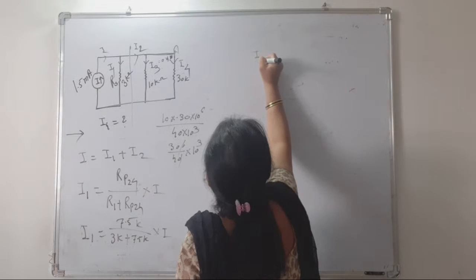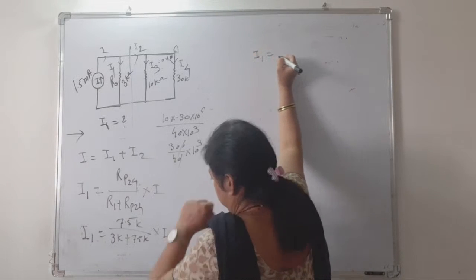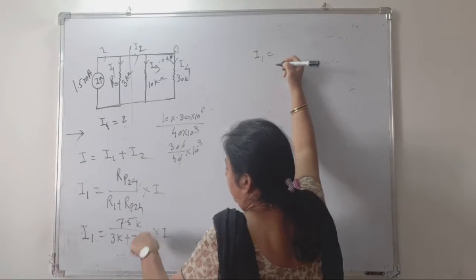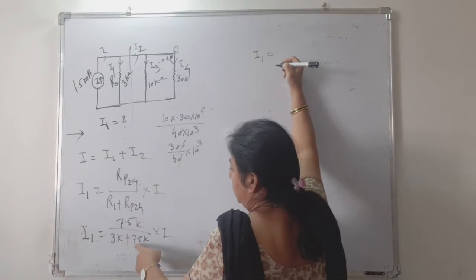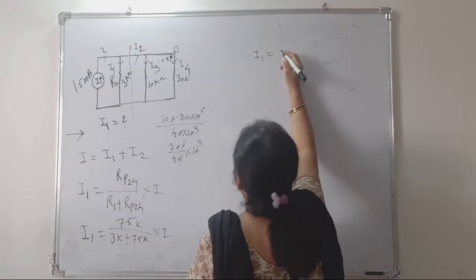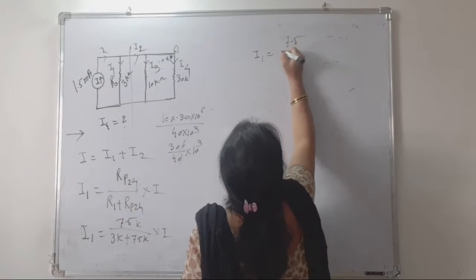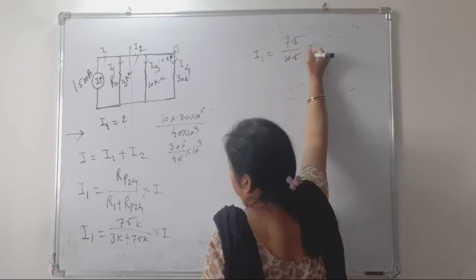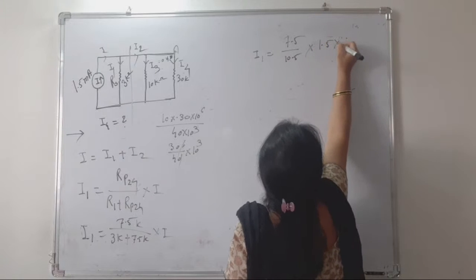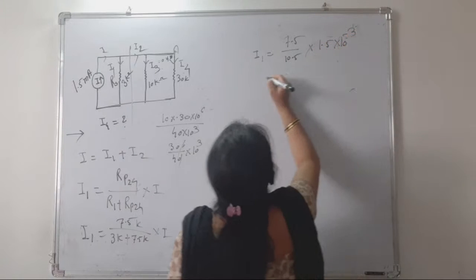So I1 equal to, taking k common, it cancels out, 7.5 upon 10.5 multiply 1.5 into 10 raised to minus 3.